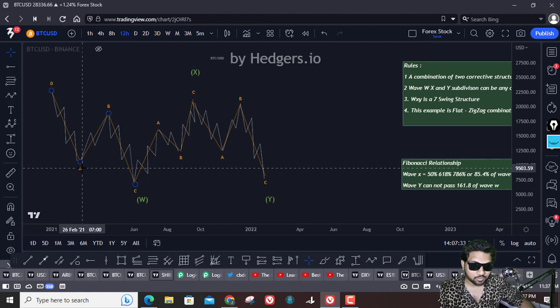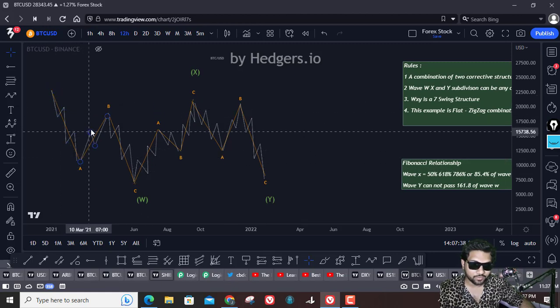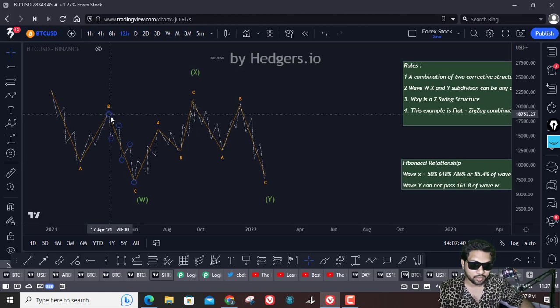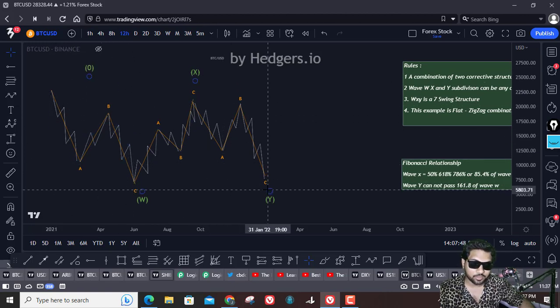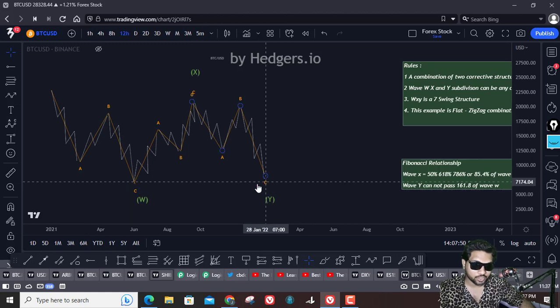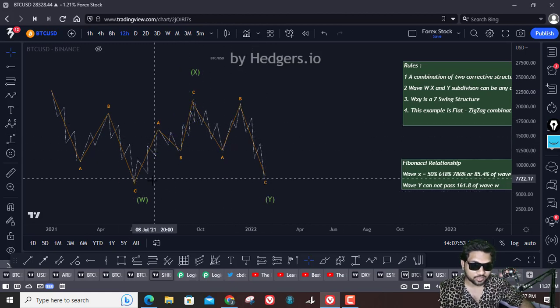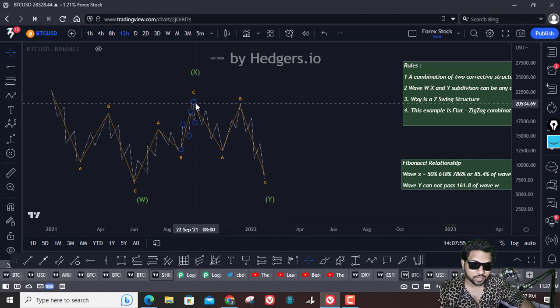W consists of ABC, which is 5 waves, 1, 2, 3, 4, 5. Then 3 waves to the upside, like the wave B, and then ABC, 1, 2, 3, 4, 5 is this C. That is your 1, 2, 3. And right now we are doing the downtrend WX correction. So in the downtrend correction, you can see ABC to the upside.